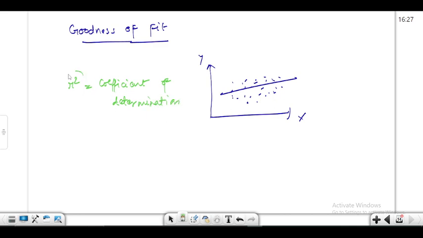This is the mathematical value through which we estimate the goodness of fit. We'll try to reach how we calculate this r square. For a simple regression model, we use the term small r square. For a multiple regression model, we use capital R square. Just remember this notation.